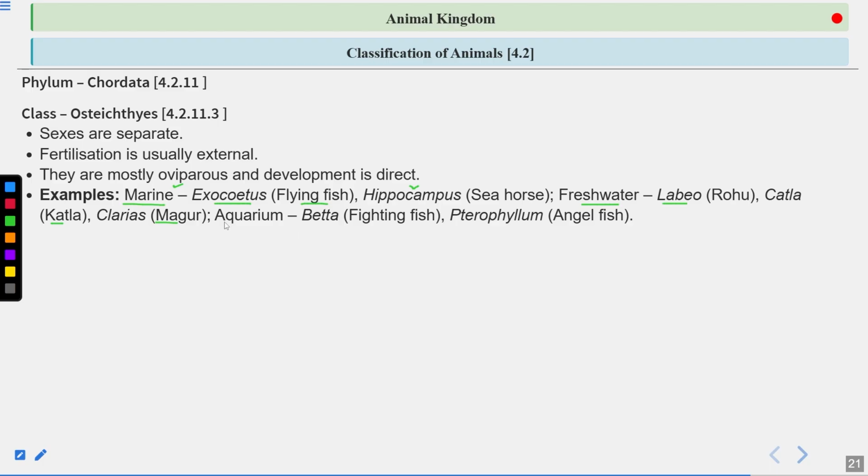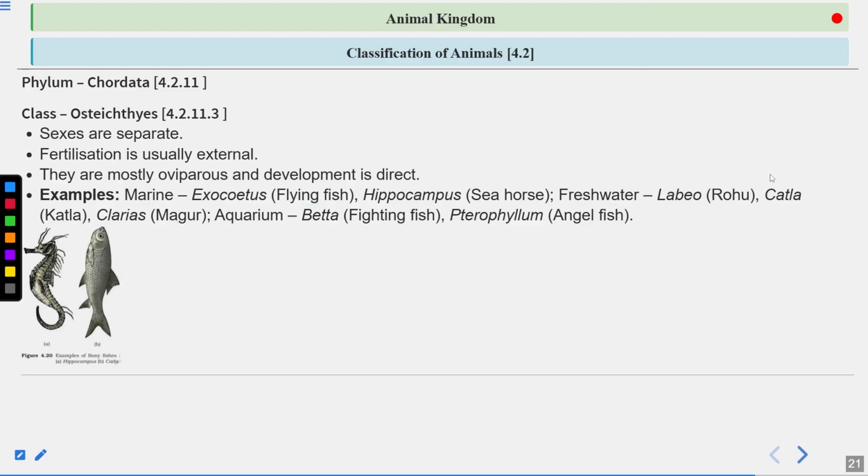Aquarium fishes, some fishes are kept in the aquarium, right? Their examples are Betta, called fighting fish, and Pterophyllum, commonly called angelfish. So here are the examples of the osteichthyes.